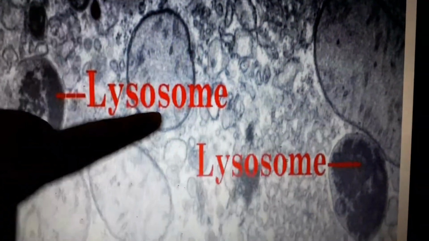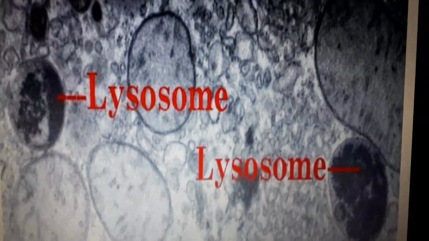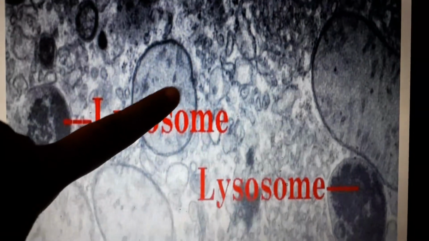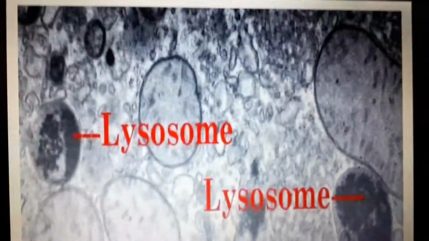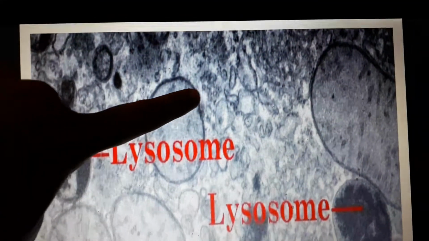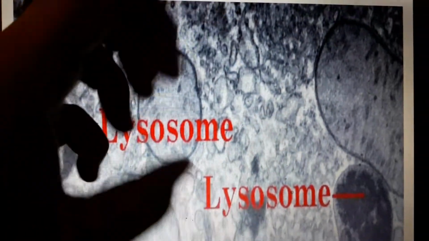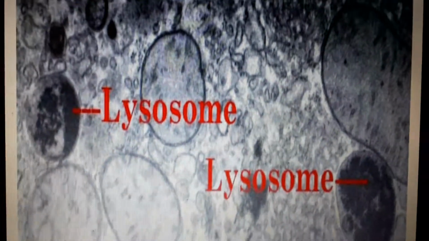Now the lysosome contains the killing properties. It has the property to kill anything. It contains those enzymes or chemicals which are capable of killing, digesting and destroying the substance. So when a bacteria or a virus or a protein or any waste substance is sent to the lysosome, it eats it up, digests it and destroys it.